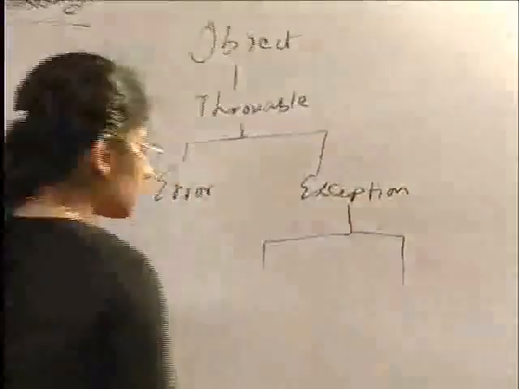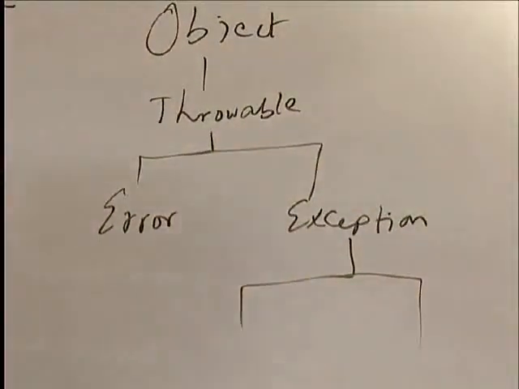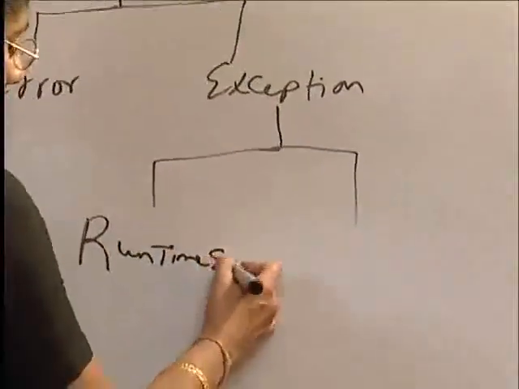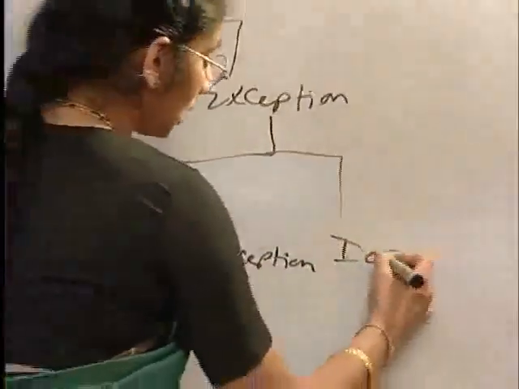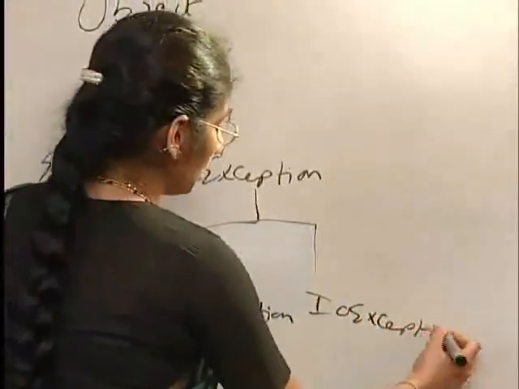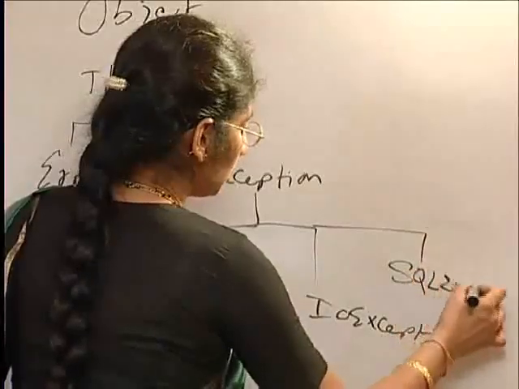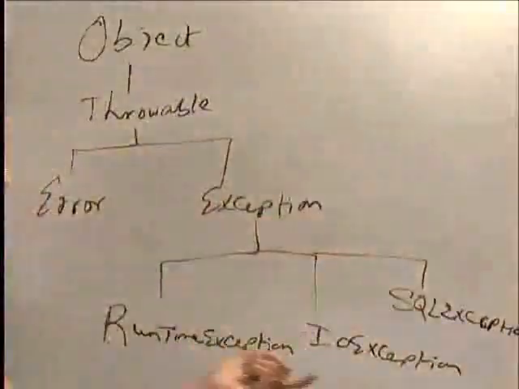So from this Exception class, all the different types of exceptions are derived. So you have your RuntimeException, you have your IOException, you have your SQLException, etc. derived from your Exception class.